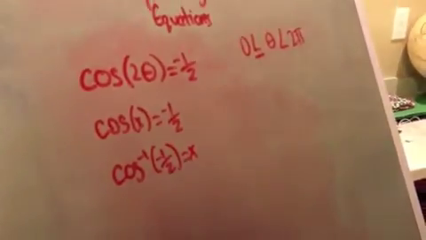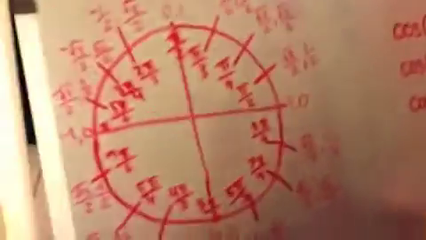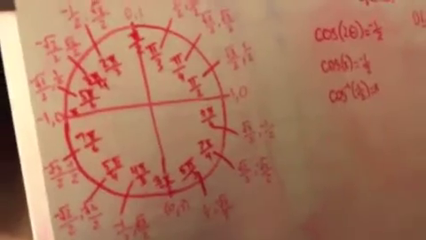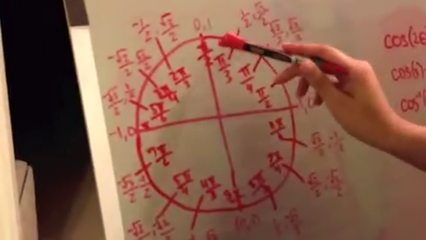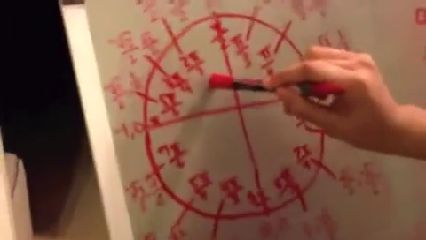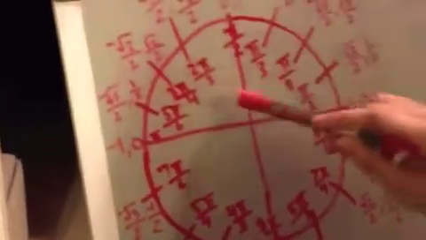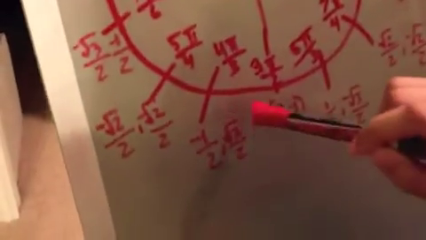So now we're going to move over here to the unit circle and see where in this circle cosine equals -1/2. And that would be at 2 pi over 3 and 4 pi over 3.